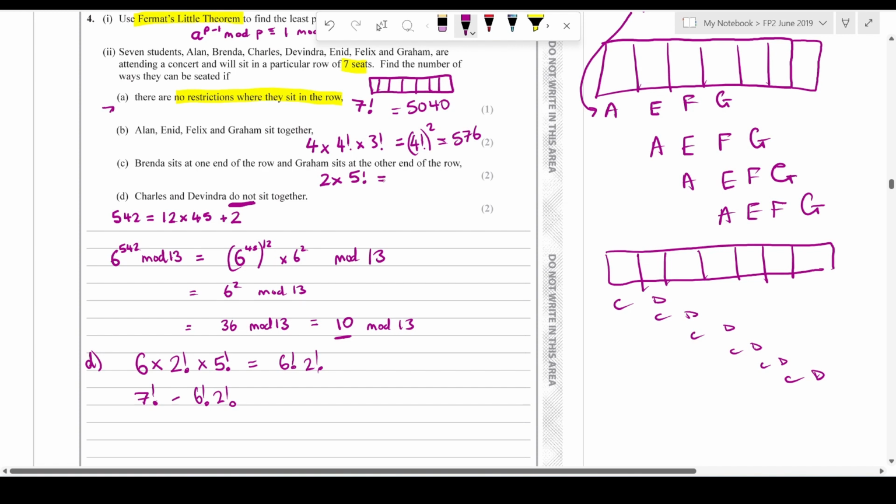And then we've got 2 times 5 factorial. I'm making sure I put the factorial in brackets on the calculator so it definitely only multiplies that bit. So we've got 240 for that case. And then 7 factorial take away 6 factorial times 2 factorial gives us 3,600. So a lot of different seating plans that could be arranged.